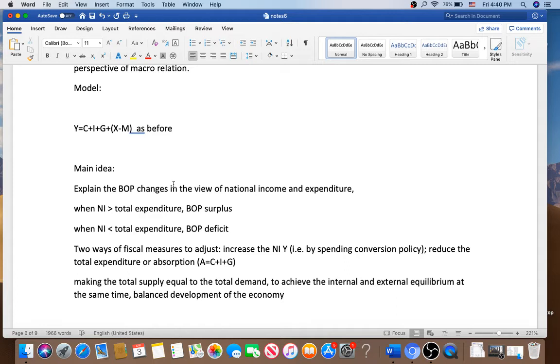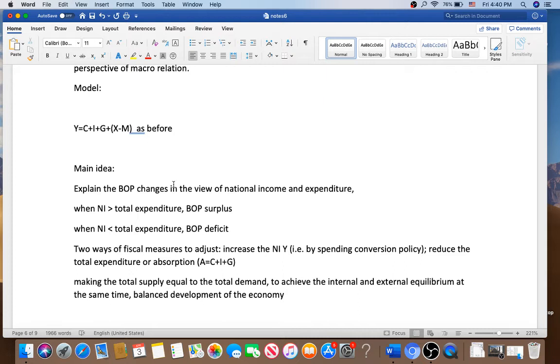When the resources have been fully utilized, the main method to reduce the absorption A is to tighten the expenditure and implement contractionary fiscal policies.